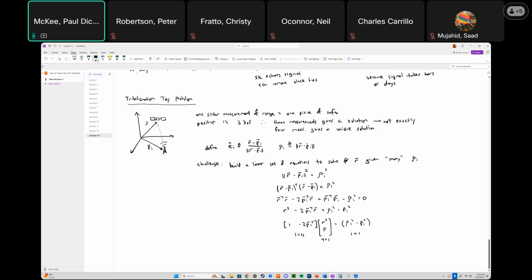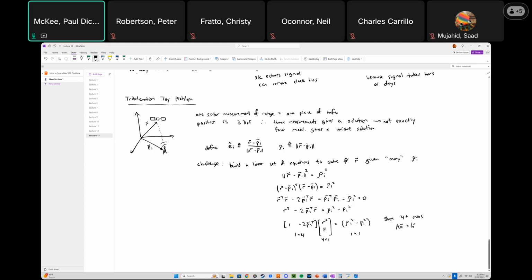And so now, if we stack 4 or more measurements, we get something that looks like Ax equals b, and then we can solve using least squares.